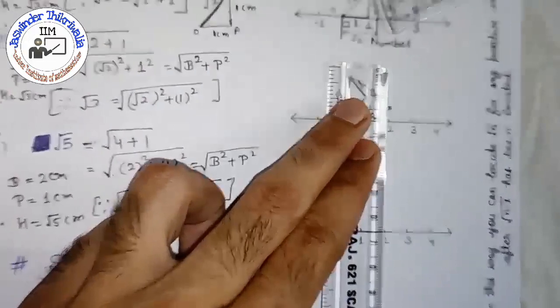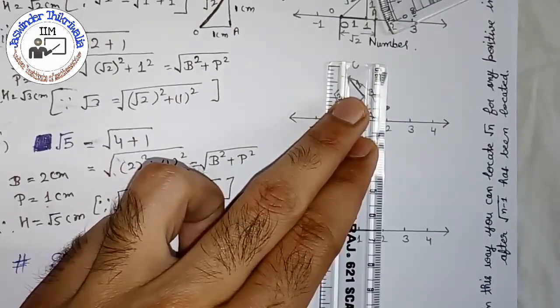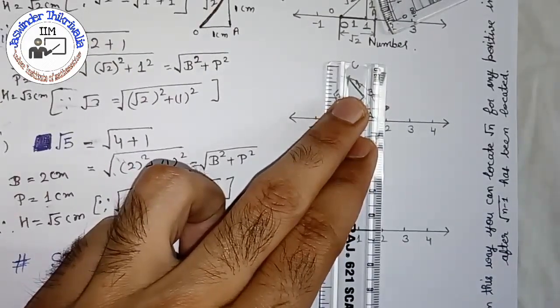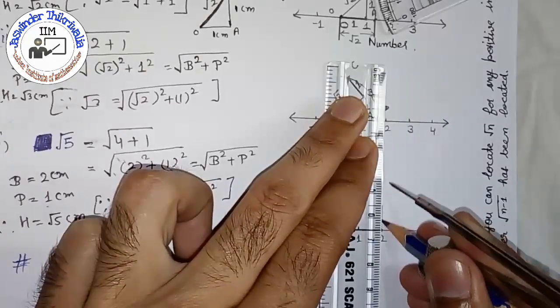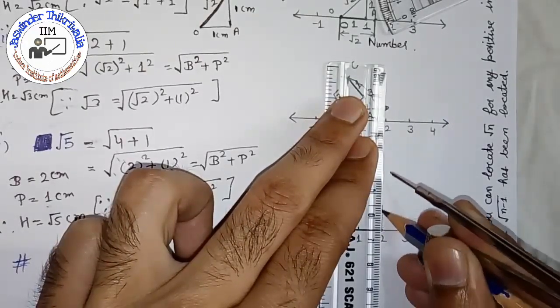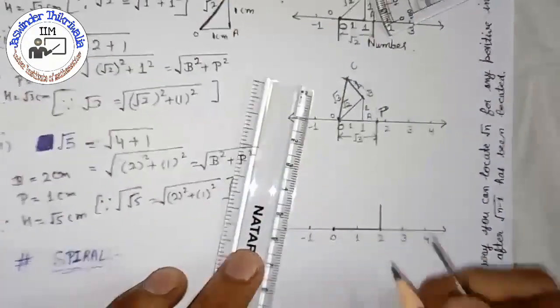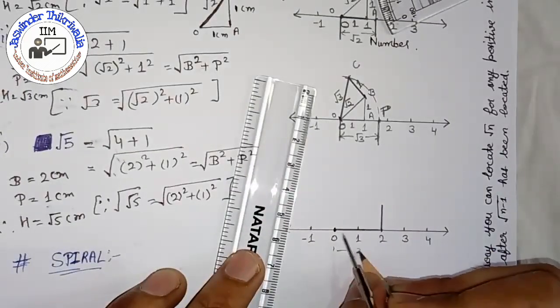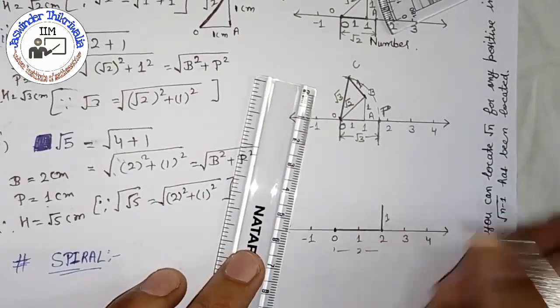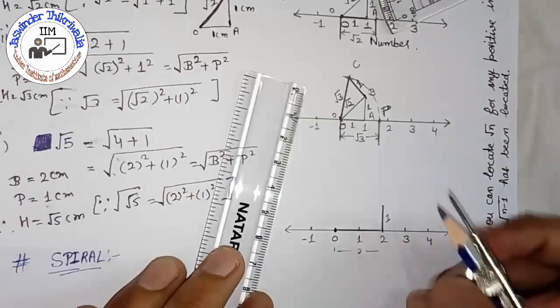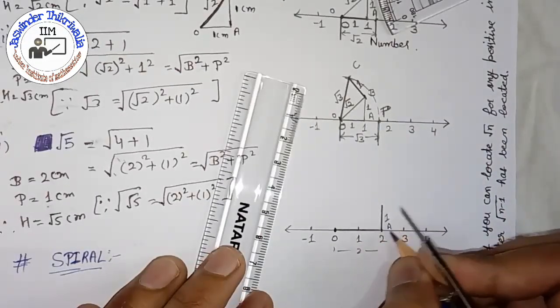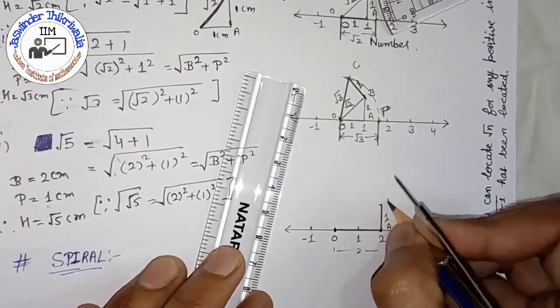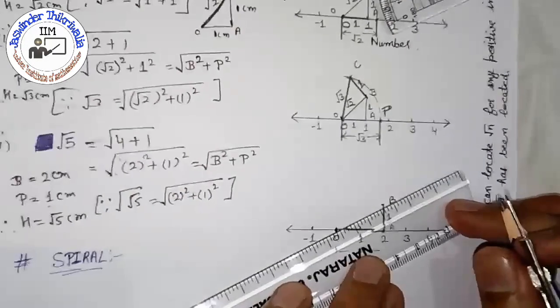No need to increase the length of this line. So beta, from here to here this is 2 and this is 1 centimeter. This point was O, this is point A, this point is B. Join O with B.